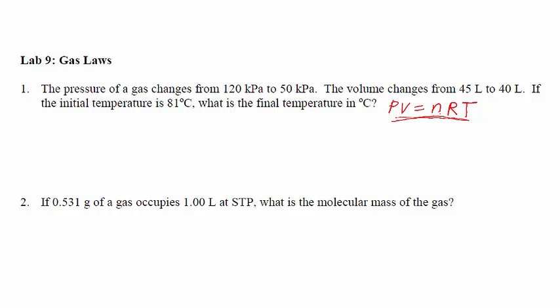So if the moles are constant, it's nR, so you'd say PV over T equals nR equals, and if we say 1, 1, and 1, we'd say equals P2 V2 over T2. And it so happens in this case that T2 is what we are trying to solve for.